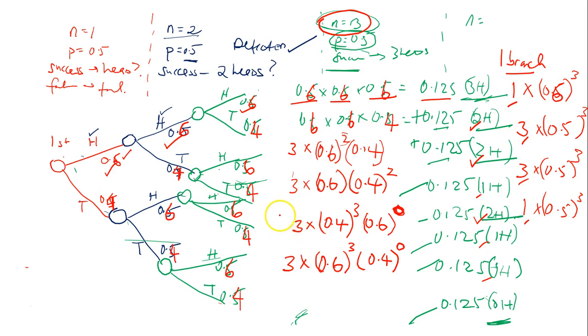But everything has come from the two important things in order to work out these probabilities: the probability itself, which is all of these, and then the number of branches. And that's pretty much how we arrive at the probabilities for any of these individual scenarios.